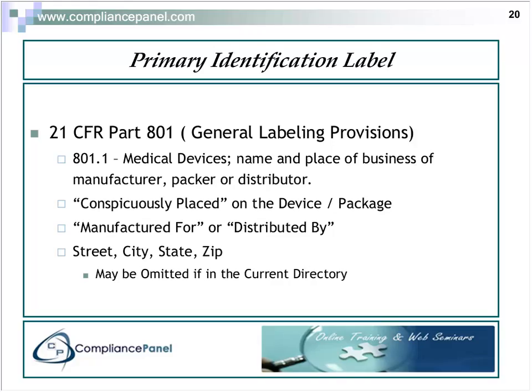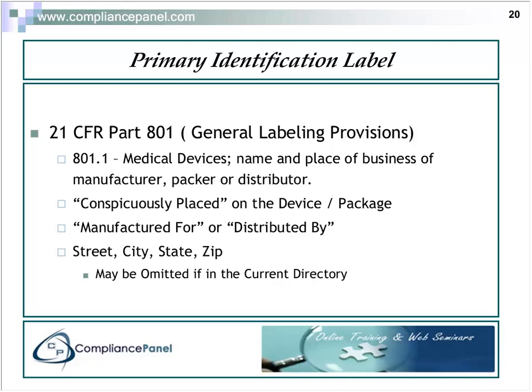So for instance, you have something that's built outsourced. It comes in and that label should say manufactured for my organization. If it's going to be distributed by someone else, you may be the manufacturer, or you can say distributed by my distributor. But these are all specific requirements that are outlined in 21 CFR Part 801.